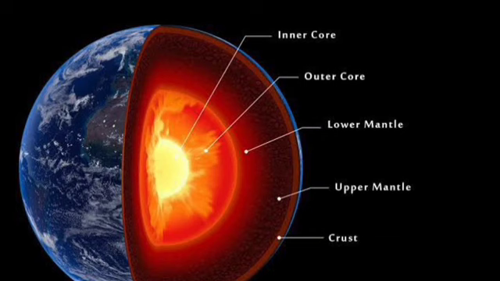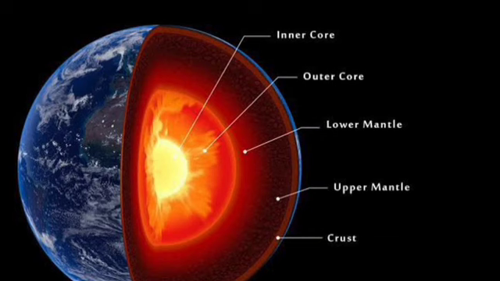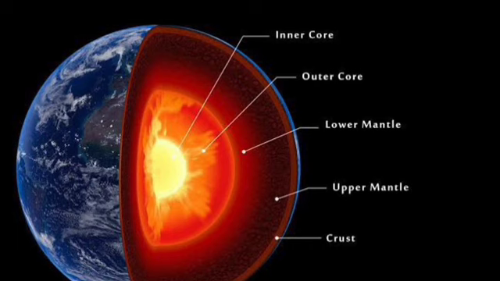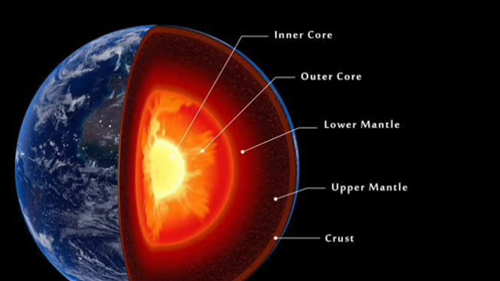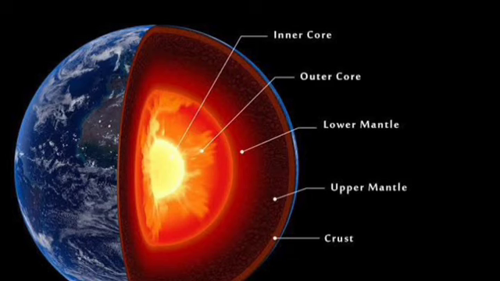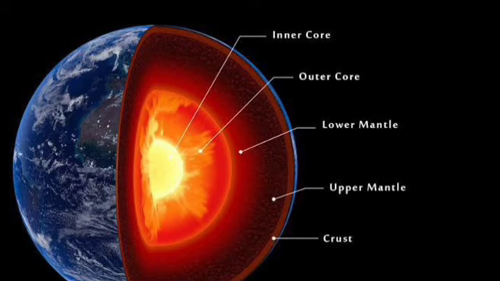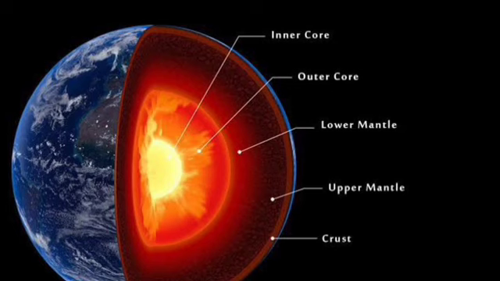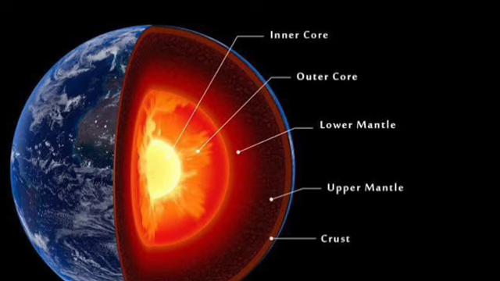Dear students, now I am going to explain the different types of faults. Number 1 is normal faults. As you know, in a normal fault, parts of the crust move in opposite directions.